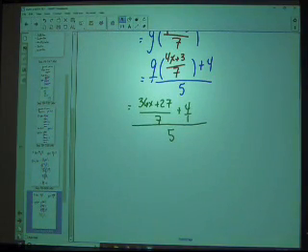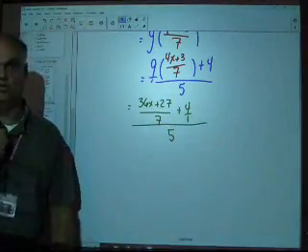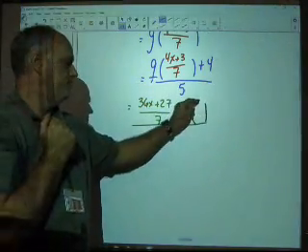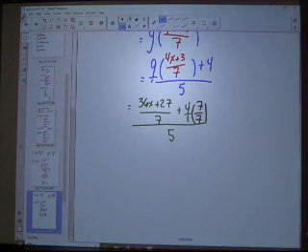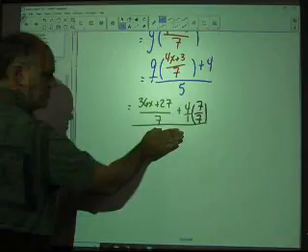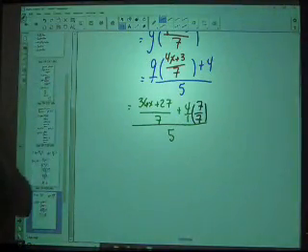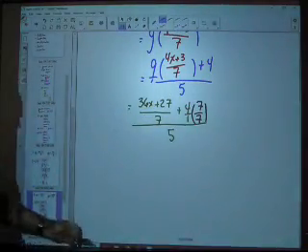So if I right now took 4 times 1, would I still have a plus 4 there? Sure I would. So let's multiply it times 1. Is 7 over 7 1? Yes. Now why would I choose 7 over 7 for my 1? So that makes the denominator the same. This 7 and that 7 are now the same parts, and now I get to actually combine whatever the numerators become.